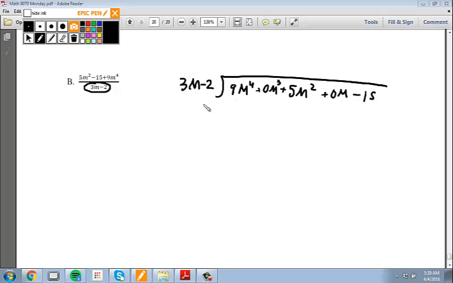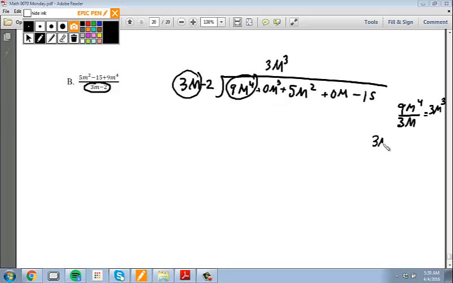I need to make sure that all of the powers are here, and you will see in the next step why. Because if I have 9m to the 4th over 3m, the first step that I normally would do gives me 3m to the 3rd. But the 3m to the 3rd has to go right above the m to the 3rd term. But there wasn't one. There were 0m to the 3rd.